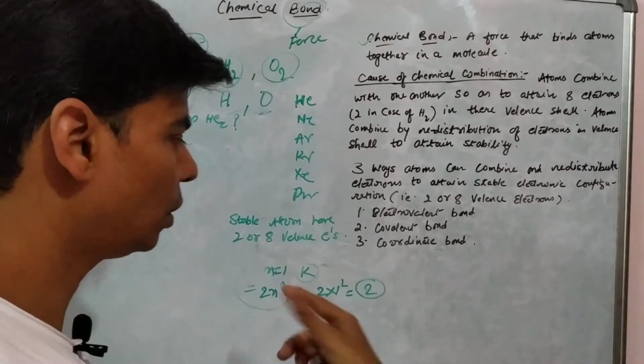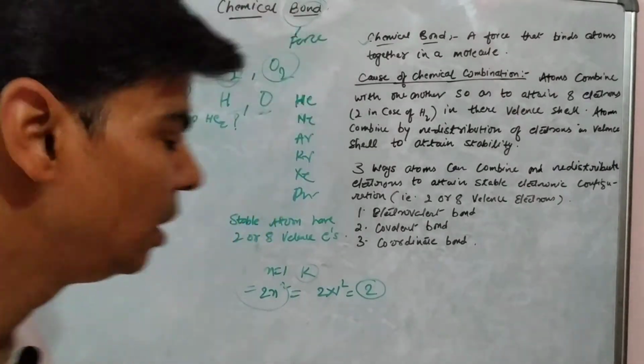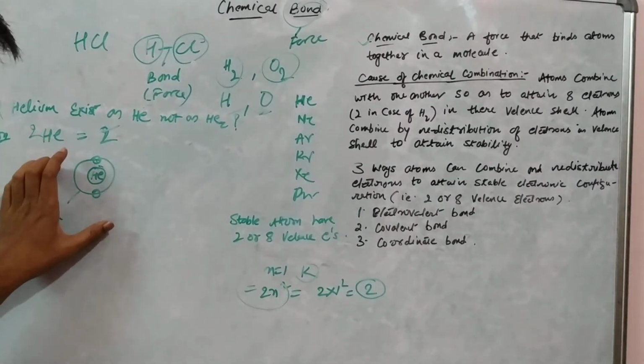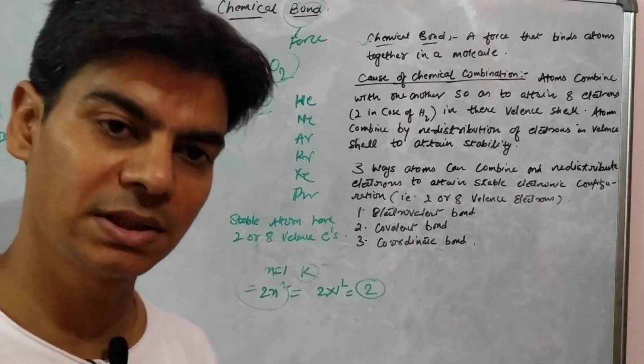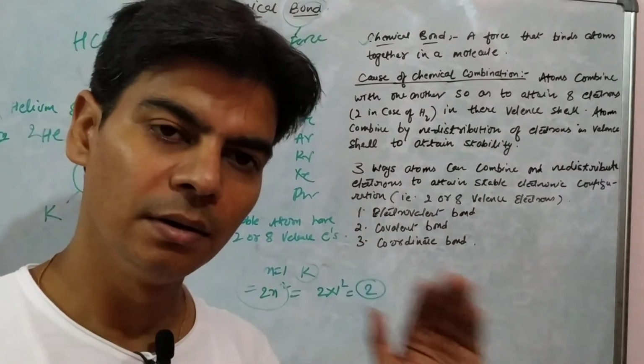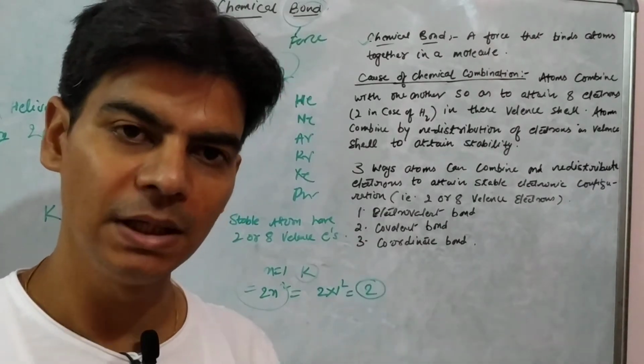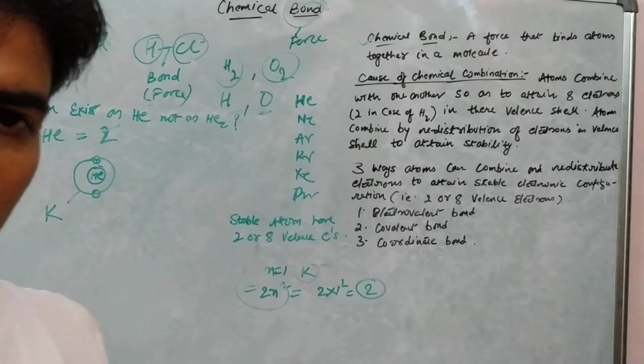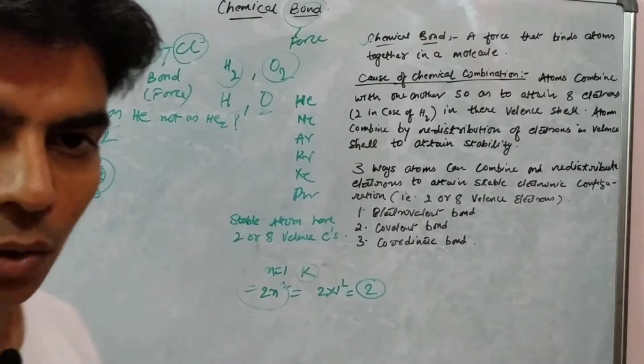Stable atoms have 2 or 8 electrons in their outermost shell. So helium, because it already has 2 electrons in its outermost shell, is already stable. It does not need to react with other helium atoms or atoms of a different element to attain 2 electrons in its outermost shell.